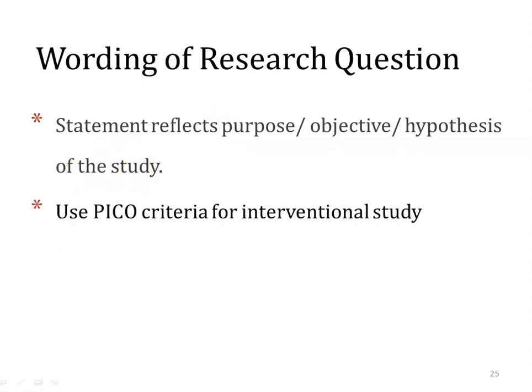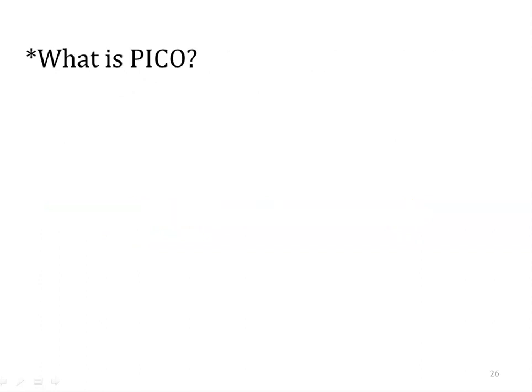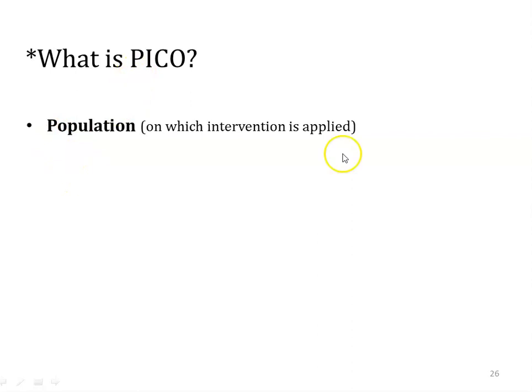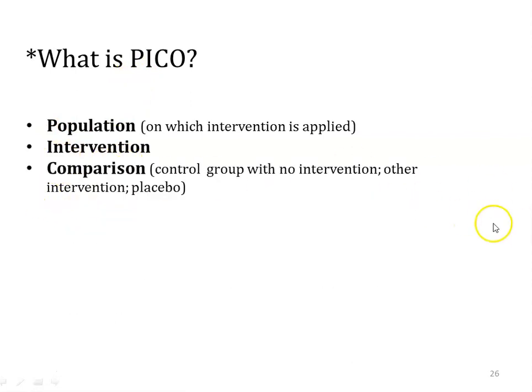If your study involves some intervention or experiment, you should use PICO criteria. PICO means P for population, I for intervention, C for comparison, and O for outcome.